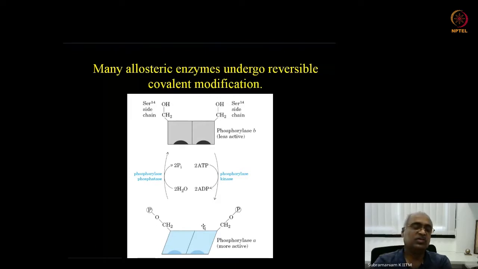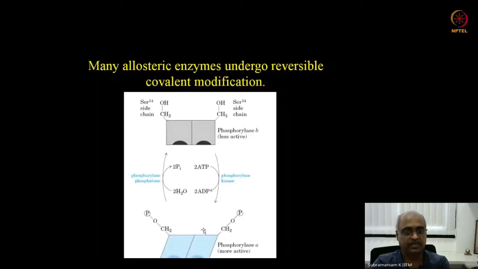Phosphorylation is a very common modification of a variety of enzymes, not just phosphorylase itself. When this phosphorylation-based regulation of enzyme activity was originally discovered, people did not realize its prevalence among a very large number of proteins.